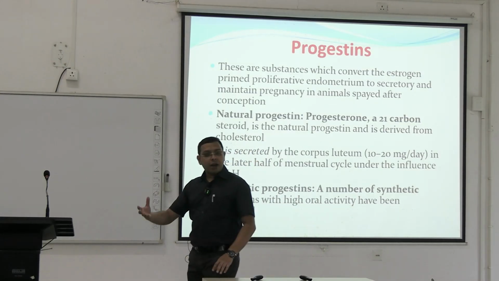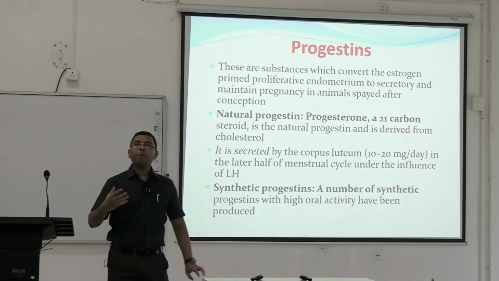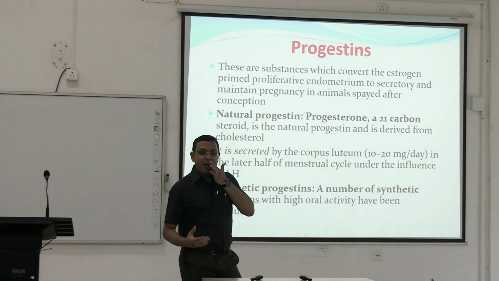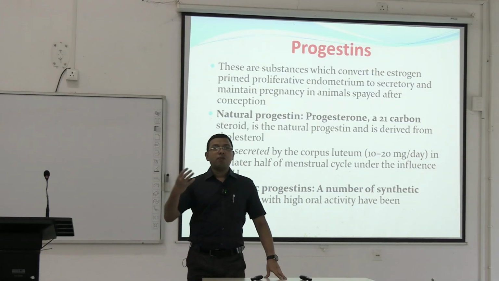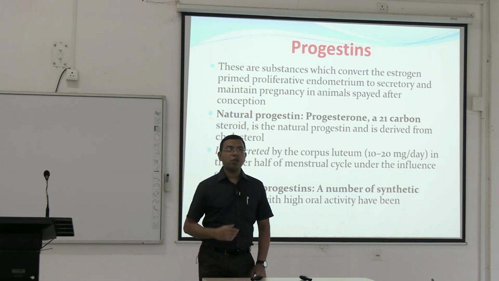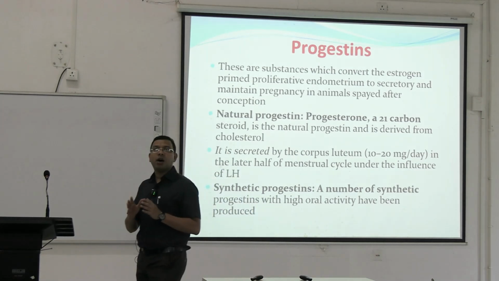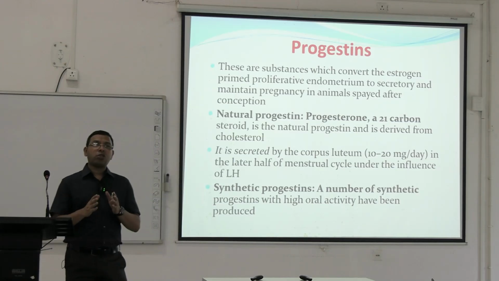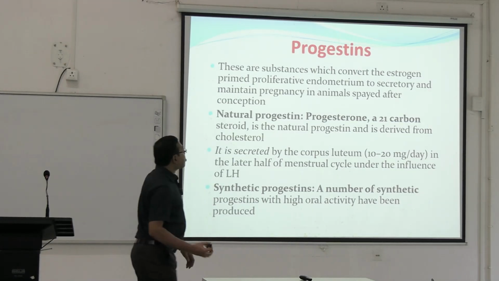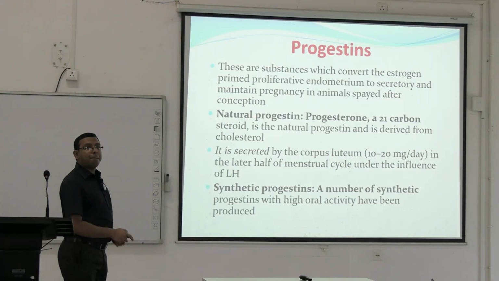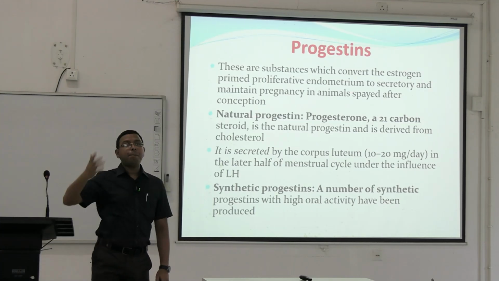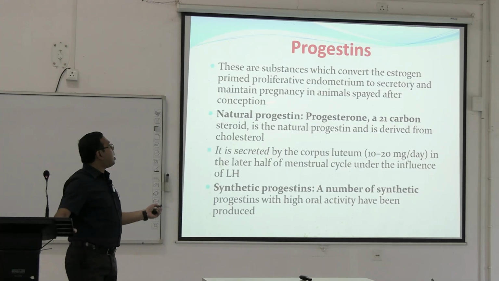If there is pregnancy, the corpus luteum continues and progesterone is secreted from it, and after that from the placenta and from the blastocyst. This progesterone's main function is to keep the blastocyst as it is. So these are the substances which convert the estrogen primed proliferative endometrium to a secretory one and maintain pregnancy in animals after conception.